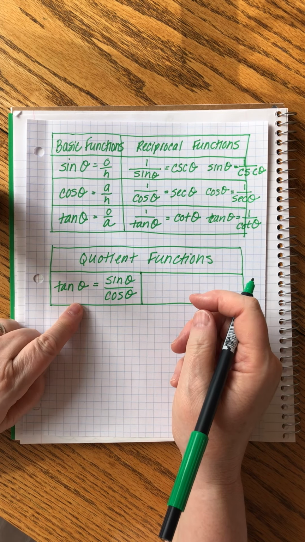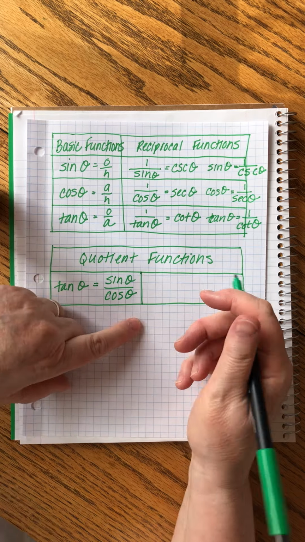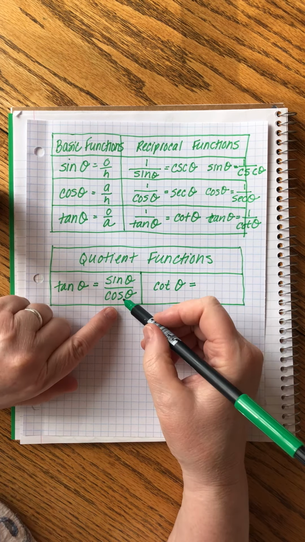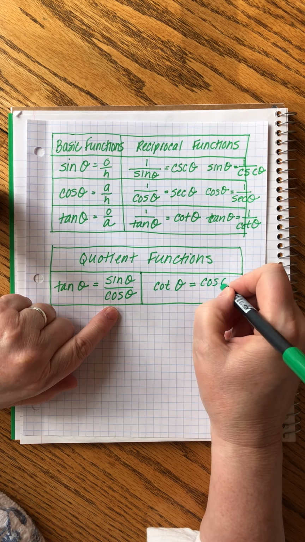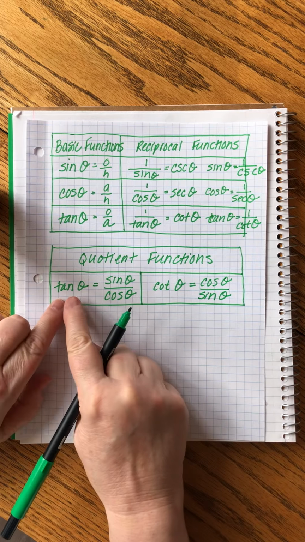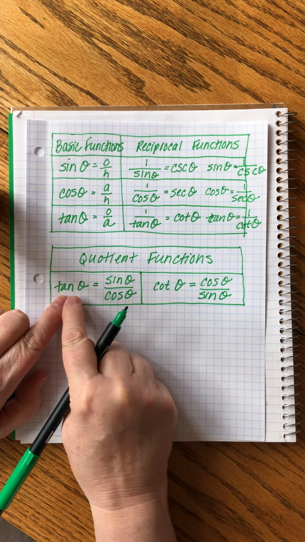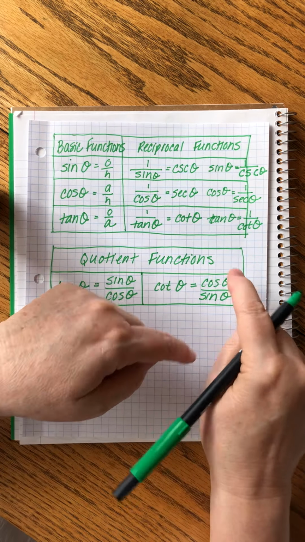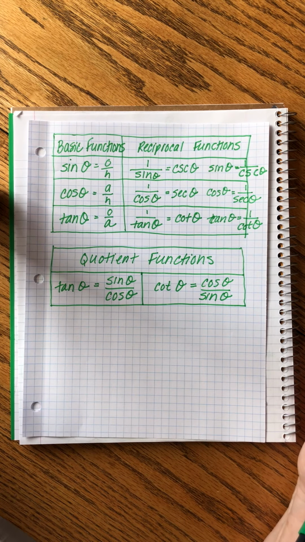That's another way we can create tangent. And then we can do cotangent. This I think is new. We flip them around. Makes sense, right? If cotangent is the reciprocal of tangent, then we take the ratio and we turn it upside down, right?